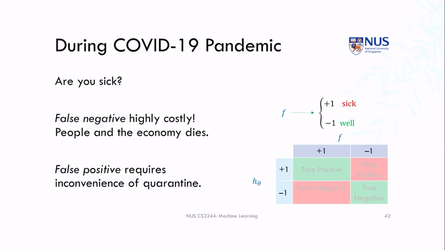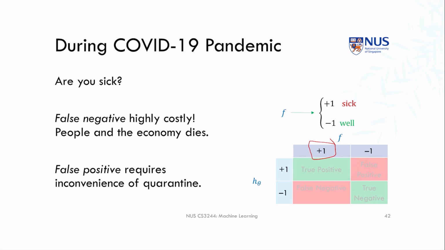But let's say you're in the current COVID-19 pandemic, and we ask, are you sick? In this case, we have the cases flipped. If you're actually sick, and we say that you're well and you test negative for COVID-19, but you actually have it, then there's a huge cost because you could go spread the virus around and get other people contaminated or sick.